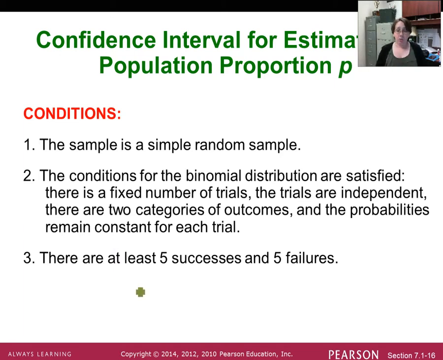In case you've forgotten what those are, they're all listed here for you. So review: you need a fixed number of trials, an n value. The trials must be independent of each other. There are 2 categories of outcomes, success and failure. And the probabilities must remain constant for each trial, so probability of success remains the same. Number 3, there must be at least 5 successes and 5 failures to use this as a confidence interval.